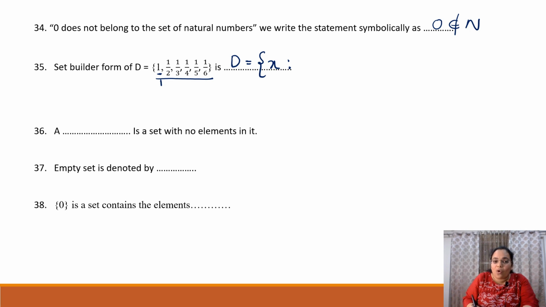I am taking all these as 1 by P. So X such that X is equal to 1 by P, where P belongs to N. Where N is your natural numbers, right? 1, 2, 3, 4, 5, 6. So P should be less than 7 because we are stopping at 1 by 6.